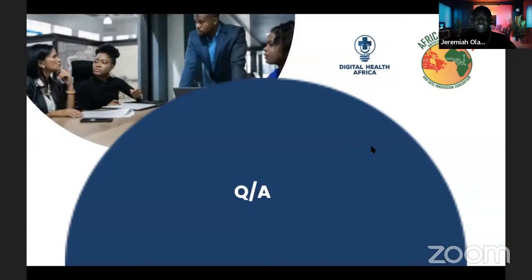But I would say many of these health organizations ask, can we really trust artificial intelligence? There is something we call explainable artificial intelligence, and that is, can we understand how this AI model came about its decision? If it can tell us how it came about the decision, then it's easier for us to trust it more.